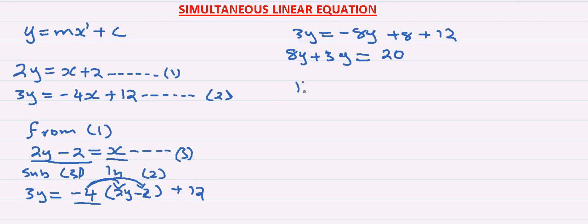Then we're going to have 11y will be equal to 20. Since we are solving for y, we will divide both sides by 11. Therefore, y will be equal to 20 divided by 11, which is 20 over 11.